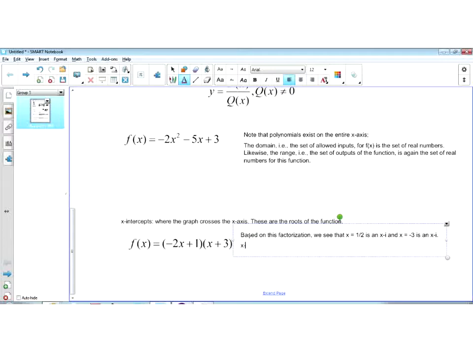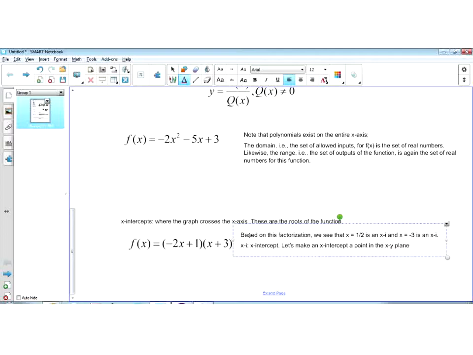Now, one note. xi is my shorthand notation for x-intercept. Okay, so let me write that down. And another thing to note is I kind of use the term x-intercept rather loosely. So in order to allay any confusion, let's make an x-intercept a point in the xy plane.